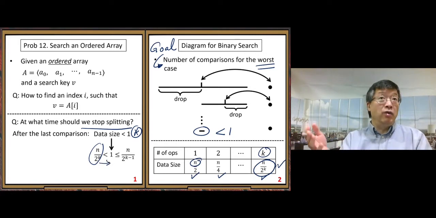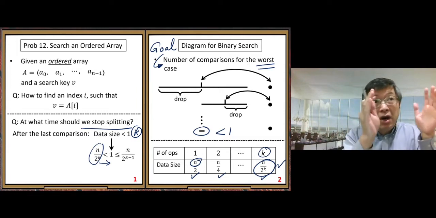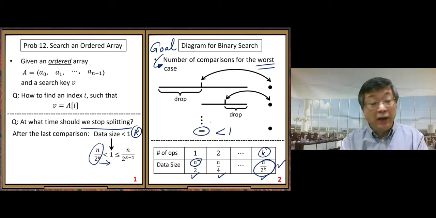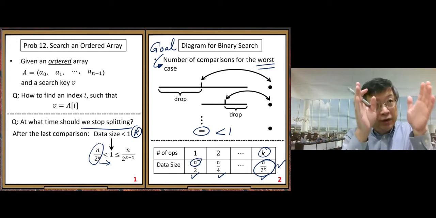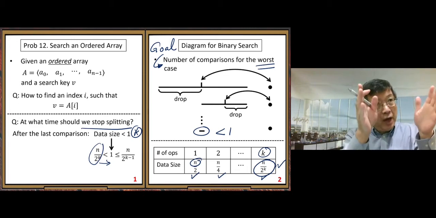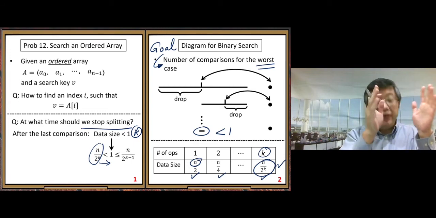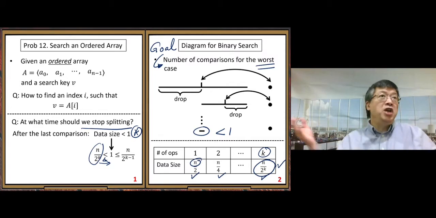If it equals 1, theoretically, it can still cover 2 elements, since the length is exactly 1. It has some chance to cover 2 elements, and if there are 2 elements, we can still make 1 split. That's why we make it strictly less than 1. Then there is no chance for another split.